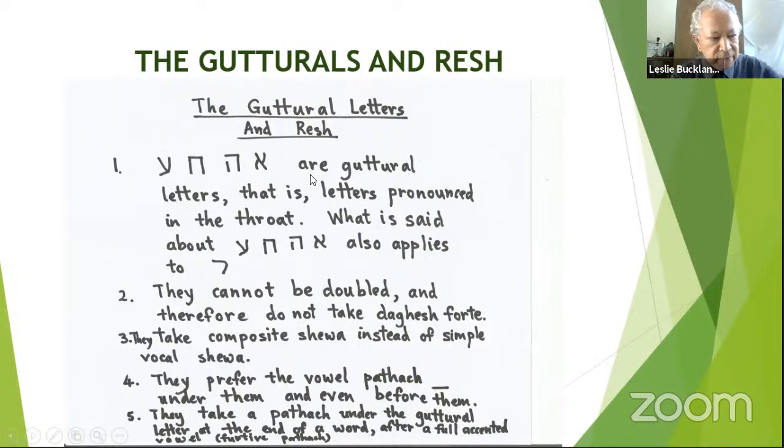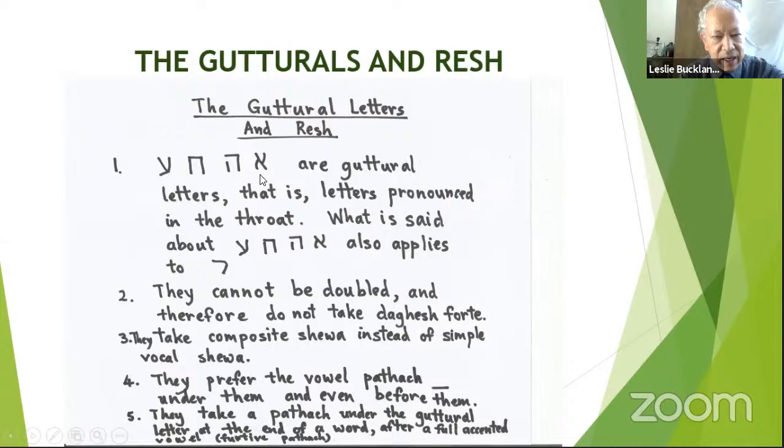Let me go through this again. So you have 4 guttural letters, Aleph, He, Keth, Ayin. And you also have Resh. These letters are called guttural because they're pronounced at the back of the throat or near to the throat. These guttural letters cannot be doubled, so they can't take any dagesh forte in them. If they are without any vowel underneath them, they can't take a simple shawa, one dot over the other.